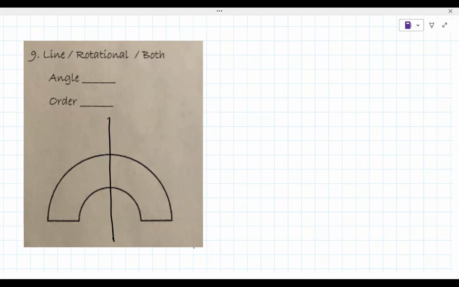The only one that looked like it worked is that one, left and right, top and bottom. Okay, we got words on the back.